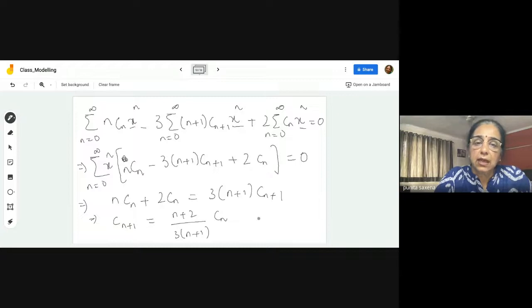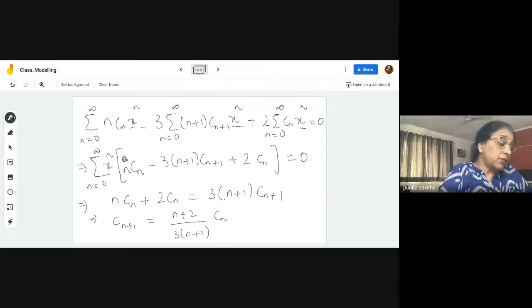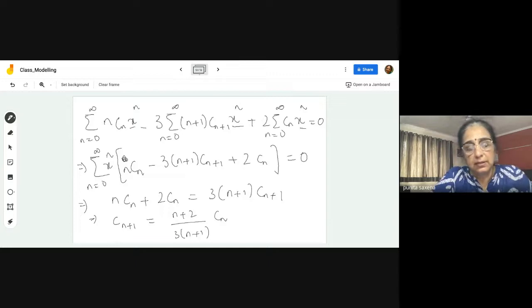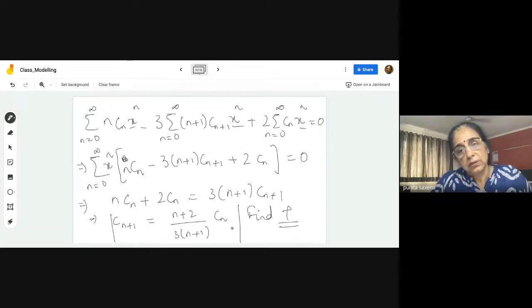Is this clear? Now, with this as your recurrence relation, can you find rho, the radius of convergence, and see what happens? Okay, so this I am leaving to you. With this as your recurrence relation, find rho, and then conclude when this power series converges.